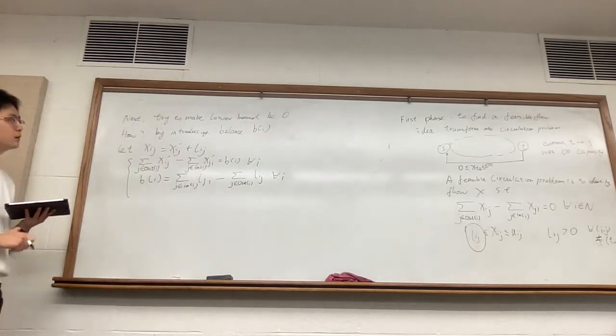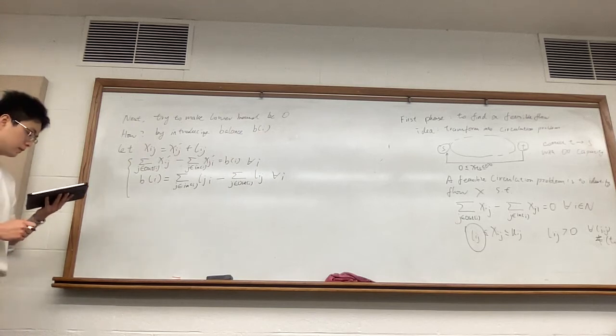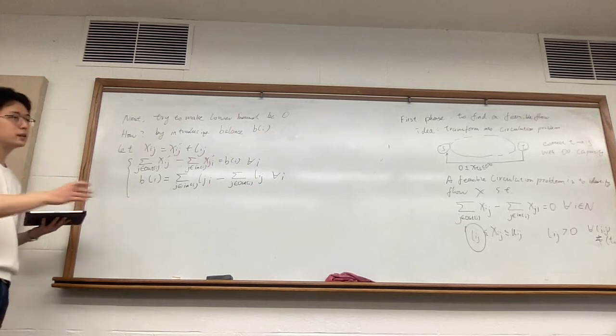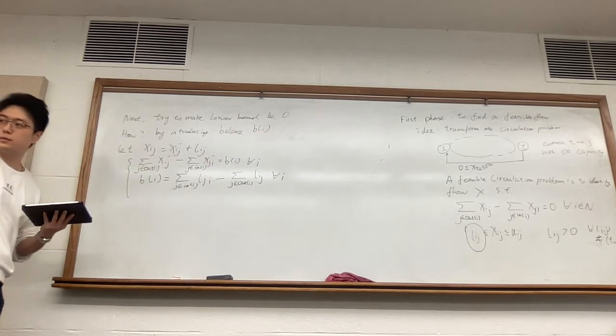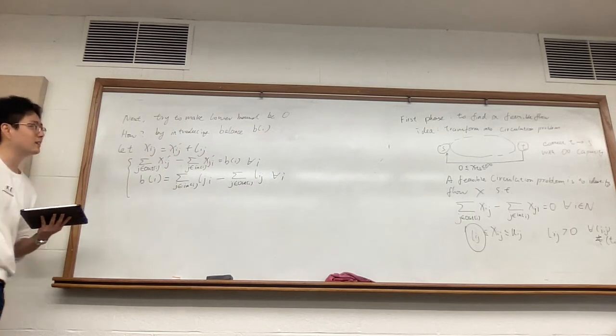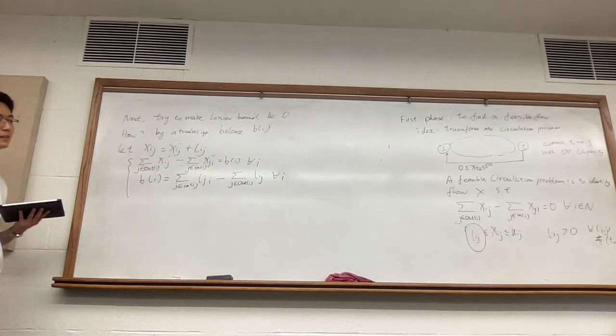Why do I write Bi as Lji minus Lij? Why here it is in minus out? If you plug in xij equals xij prime plus Lij into our original constraint and move the Lij terms to the other side, we get that expression. Yes, correct.